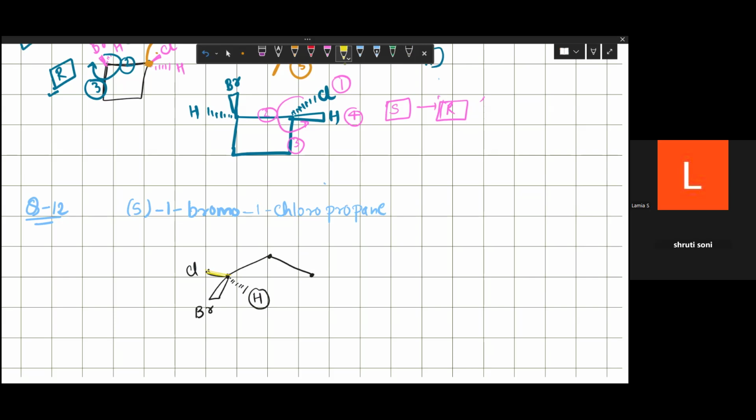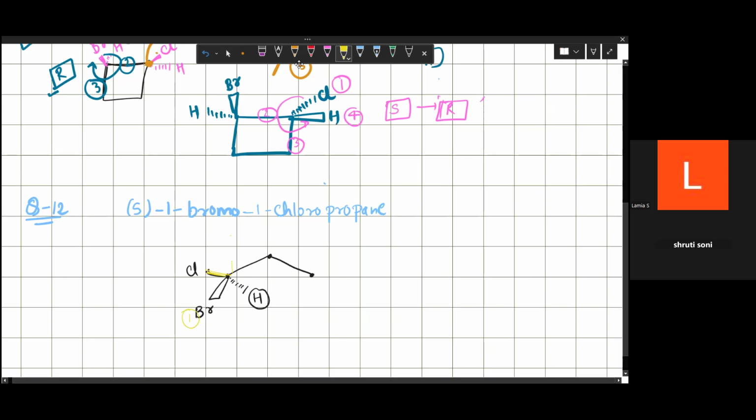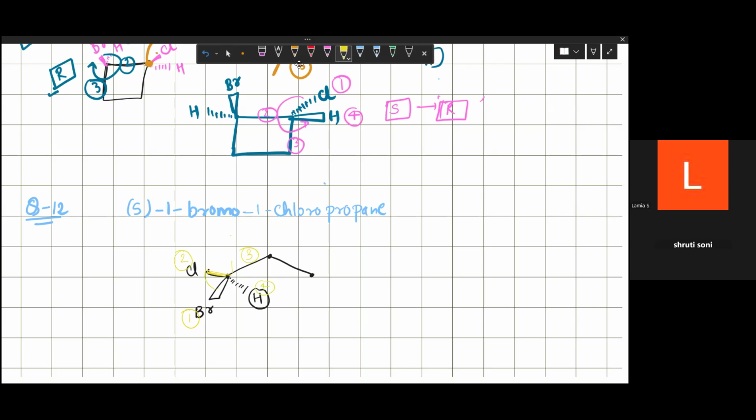So let's start with giving numbering. In chlorine and bromine, which comes first? I think bromine. Yes, bromine comes first. So bromine has first priority, then chlorine, then this one third, and here is the fourth. So is it clockwise or anti-clockwise? Anti-clockwise.